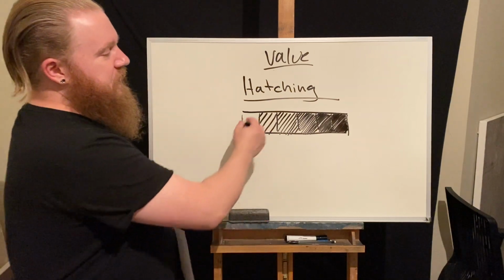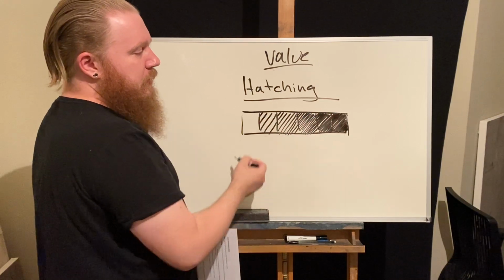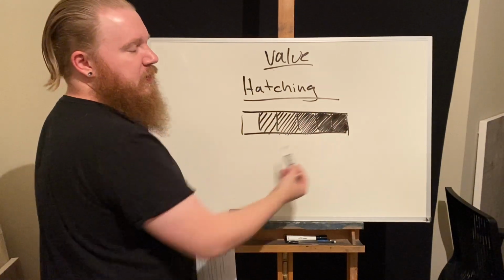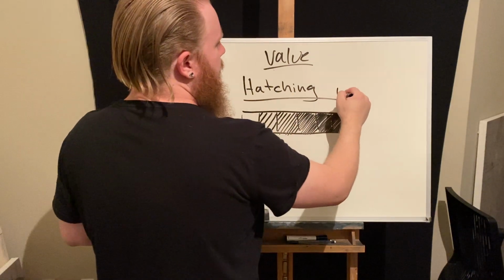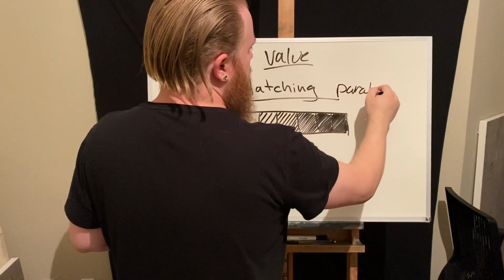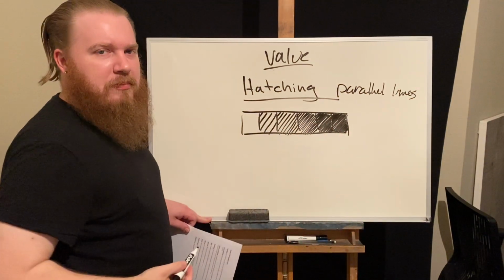And once again, we can see that by layering these lines up closer and closer, more and more of them, we go from a basic white to black value scale. So once again, the idea of hatching is parallel lines. And we want to mass them up, okay?